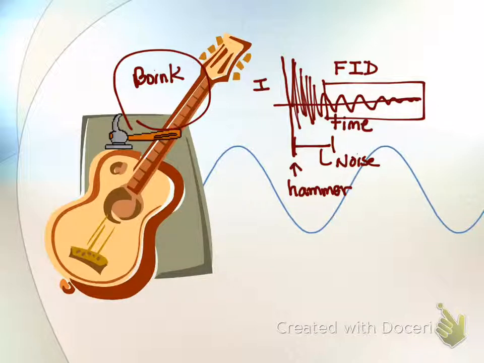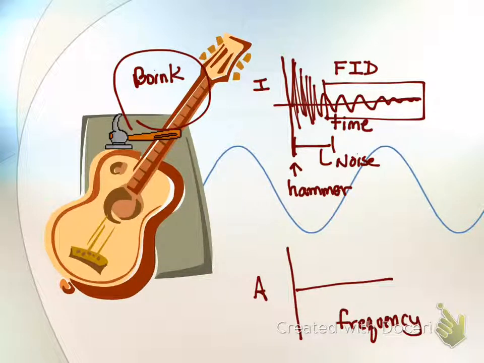And if you had the right instrument, you can actually take that and graph it as frequency and amplitude. And instead of a crazy noisy graph with a bunch of squiggles going up and down, because it's one string and one note, there's only one frequency that you observe.